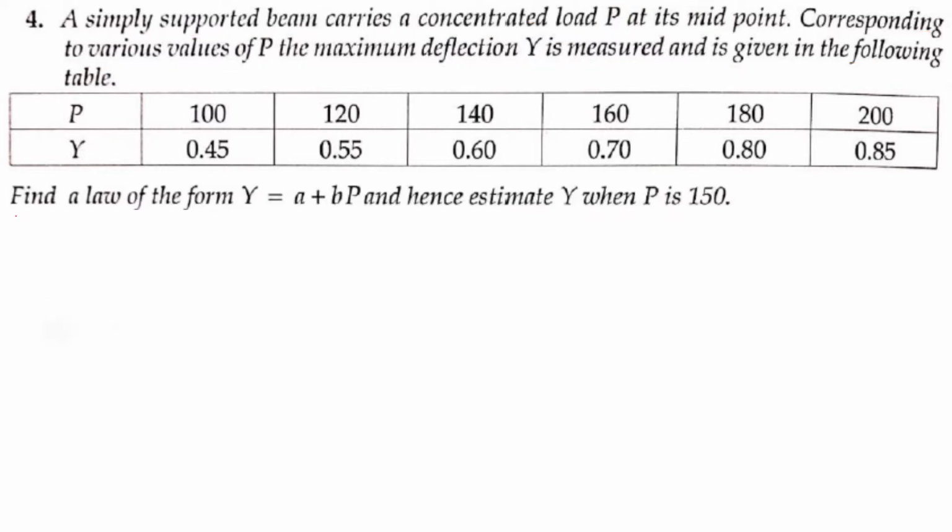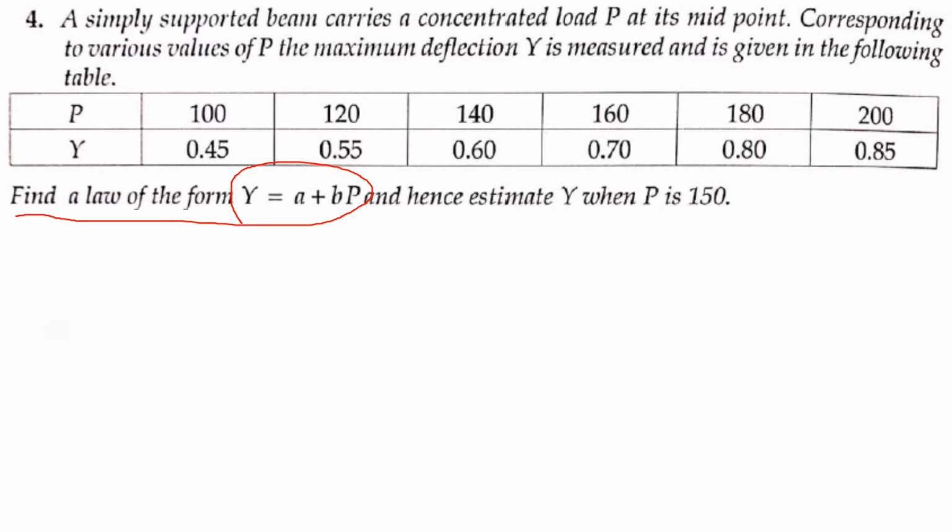What they are asking: find the law of this form. That means they want a relation between P and Y in terms of an equation, y is equal to a plus b into p.